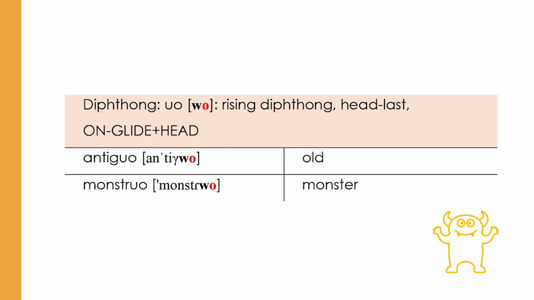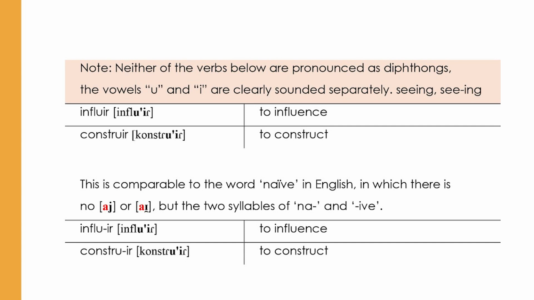The words like "influir", the ui part is not a diphthong. It's to be pronounced as two separate monophthongs. "Influir, construir." Two separate monophthongs. They're not one diphthong. Therefore, I put them here properly. And here we go. Spanish is fun.